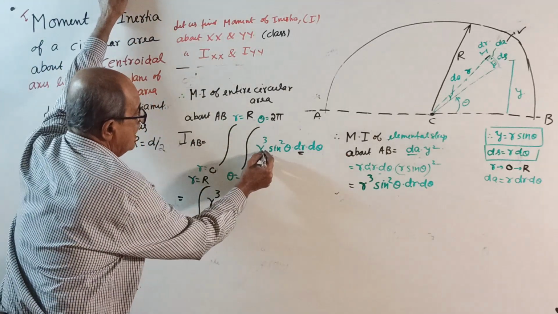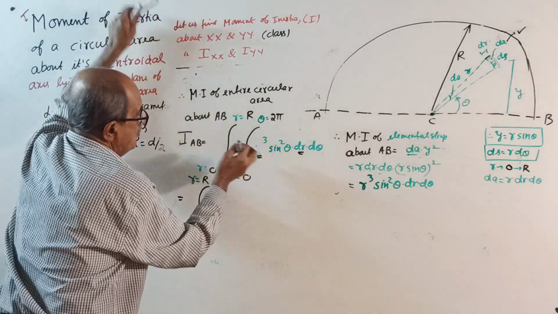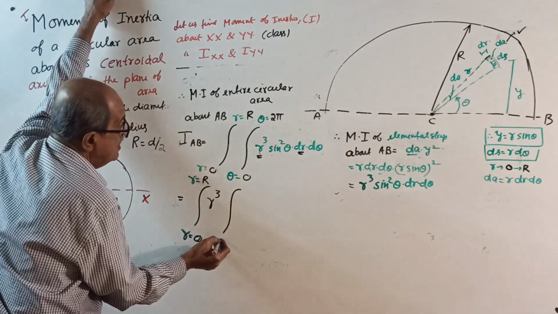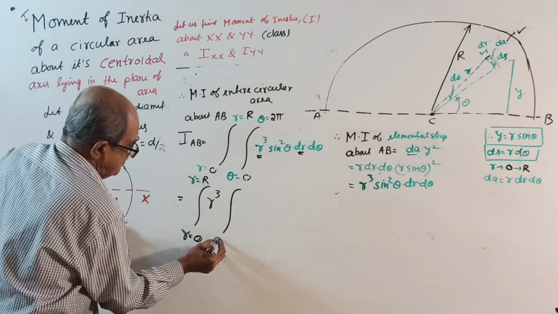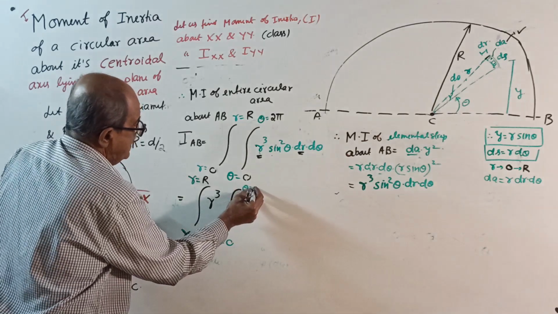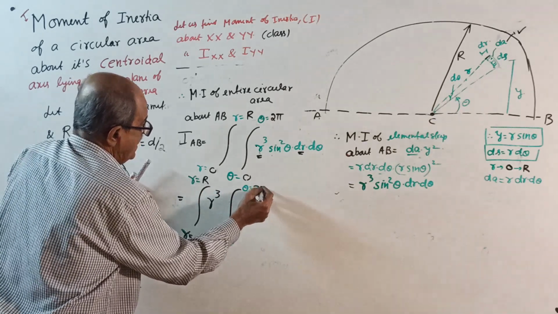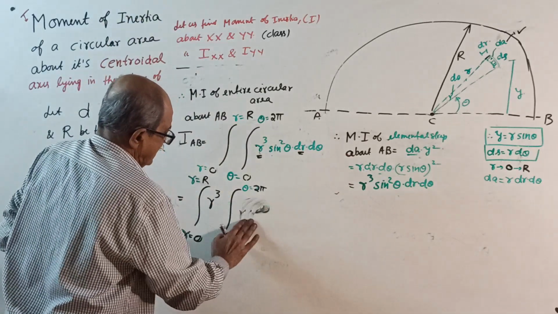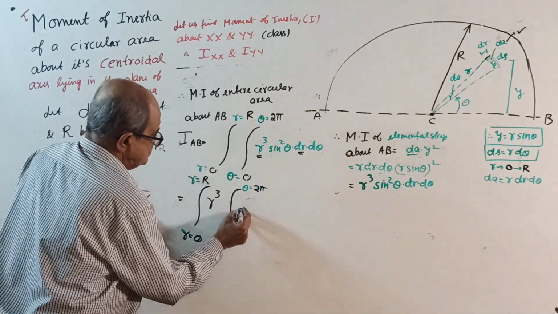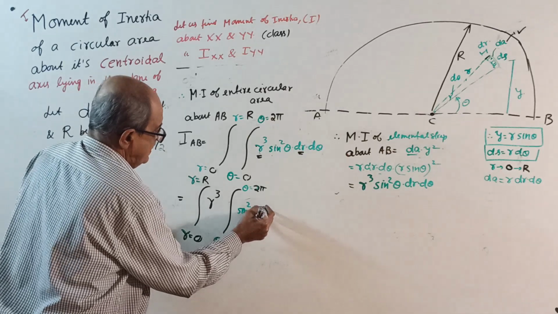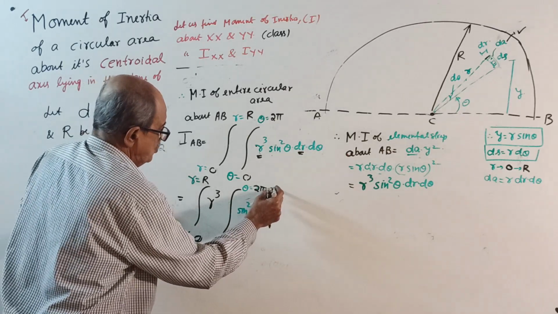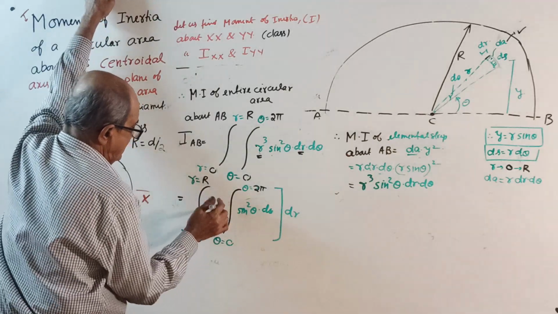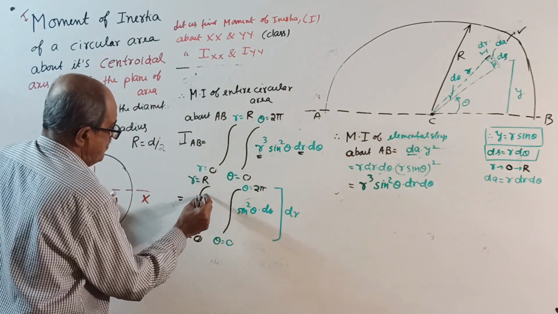R cube, into the integration of theta from 0 to 2 pi radians of sine square theta times d theta, after everything is over with respect to dr. You can write here r cube and use a bracket.